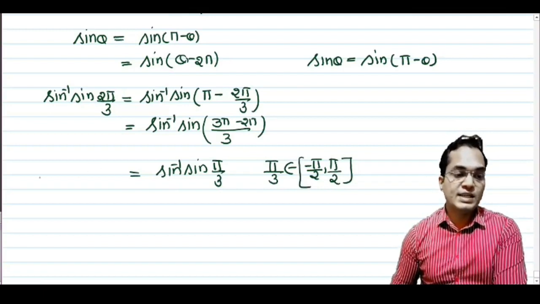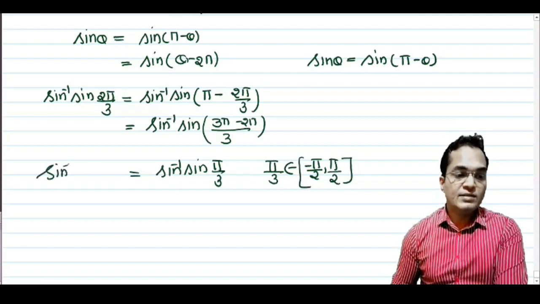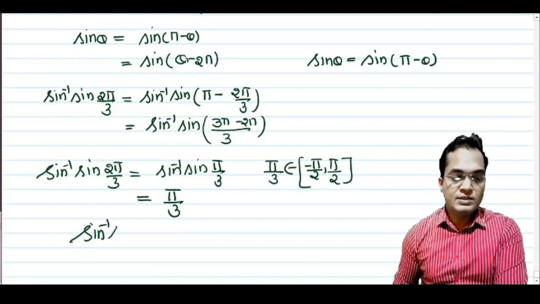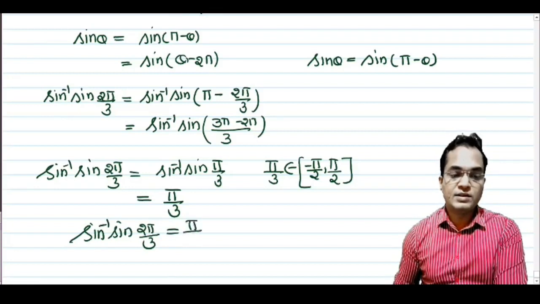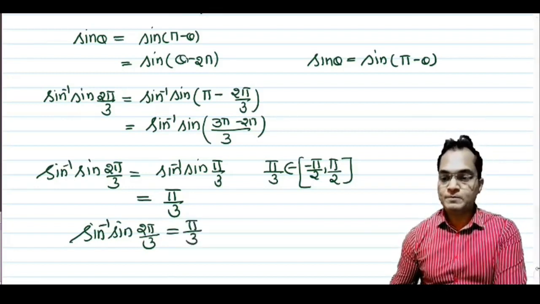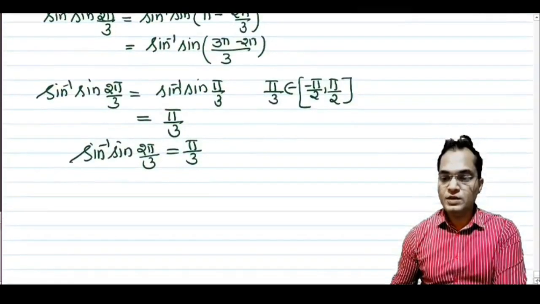Now sine inverse sine 2 pi by 3 equals this, that's why it equals pi by 3. Means the value of sine inverse sine 2 pi by 3 is pi by 3. This is our answer. I think it is good. Okay, you understand it?